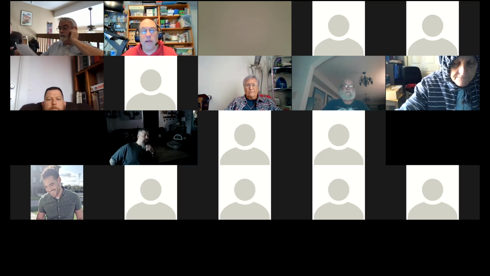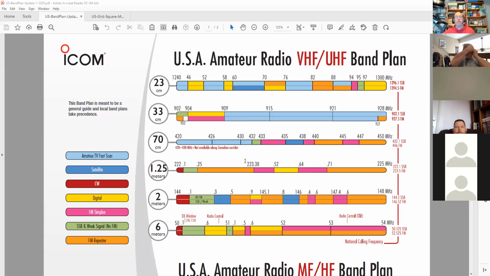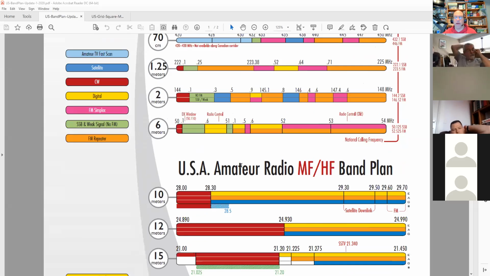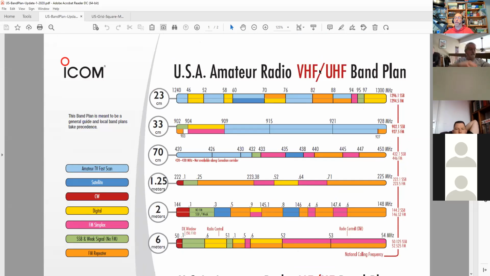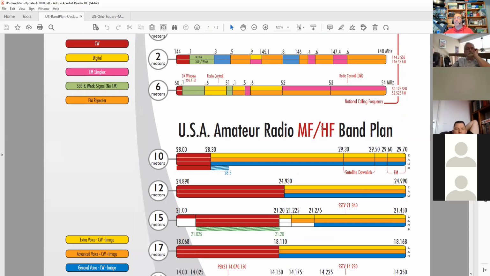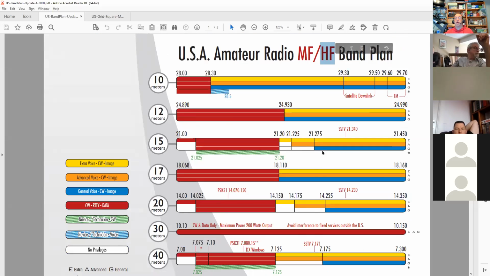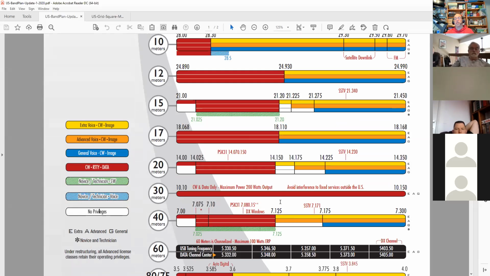So like 10 meter, it all goes megahertz, 28 to 29.70. Well, you know that HF is 3 to 30 megahertz, right? Because that was one of those things to remember, that VHF is 30 to 300 and UHF is 300 to 3000. So all of these are megahertz.